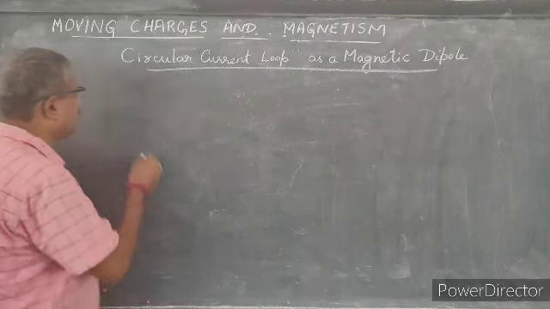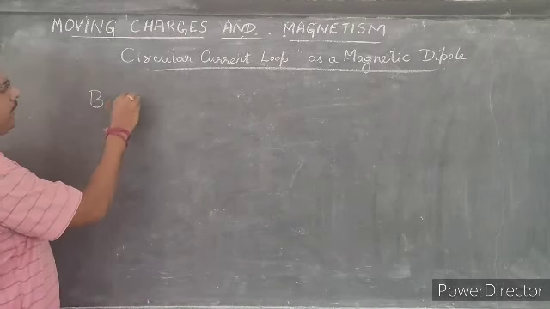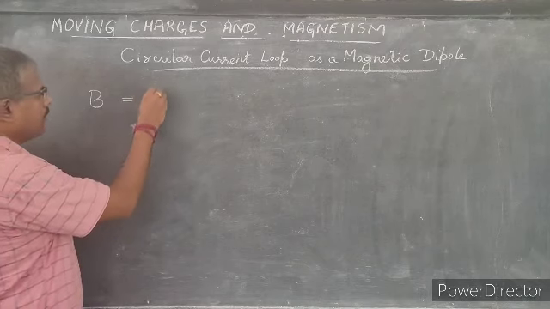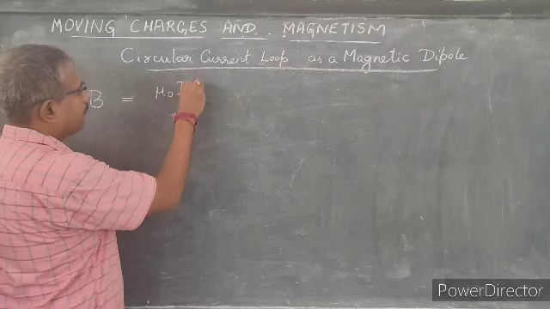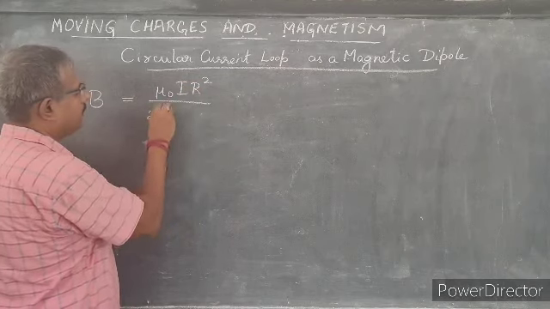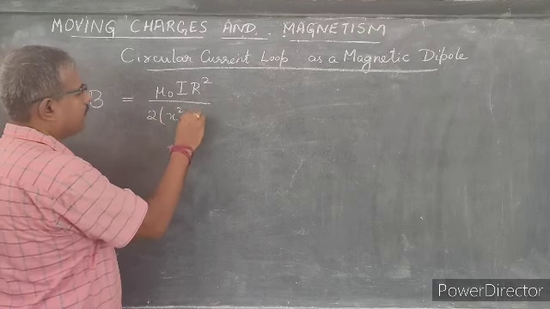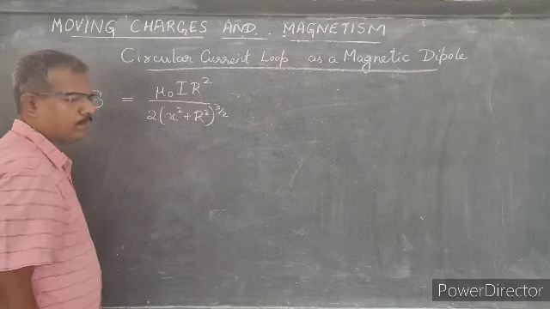If you recall rightly, the expression we derived was B equals mu naught I r square by 2 into x square plus r square to the power 3 by 2.